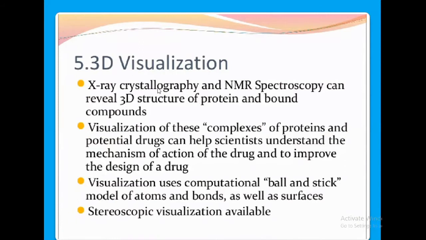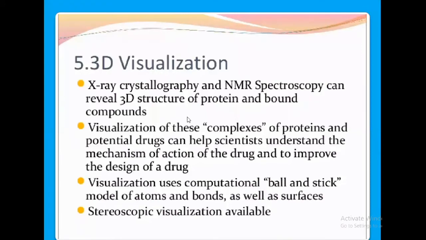These two methods, X-ray crystallography and NMR, both will give you details about the 3D structure of a protein and the compounds bound to it. The 3D structure of the protein and the bound compound can be studied by X-ray crystallography, mass spectrometry, or NMR spectroscopy.